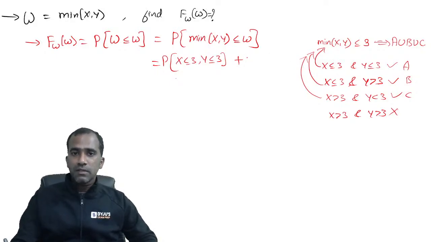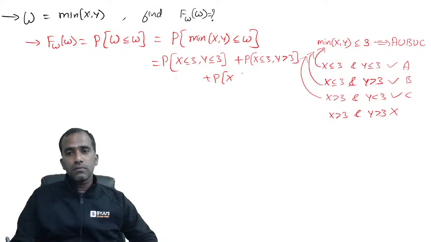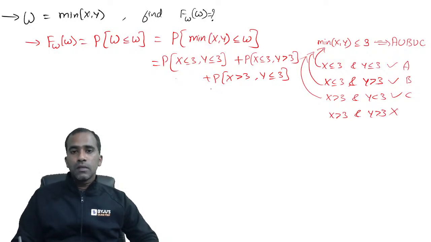So the probability of the first event and the second event: P of x less than or equal to 3 comma y greater than 3, plus P of x greater than 3 comma y less than or equal to 3.